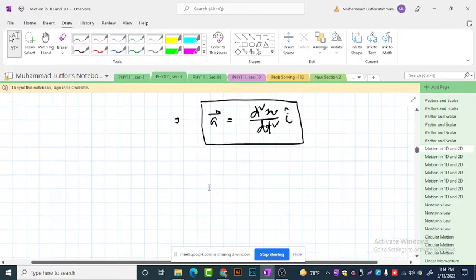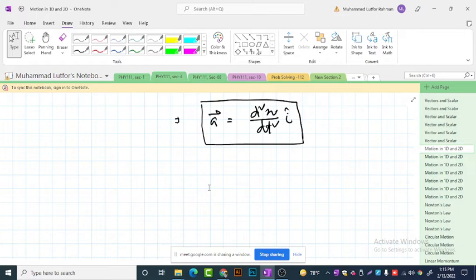So if you just know the position, you take the second time derivative of the position function and you will find the instantaneous acceleration. If you want the instantaneous acceleration at any desired time, after taking the second time derivative of your position function, you plug in your desired time to find the instantaneous acceleration using that equation.